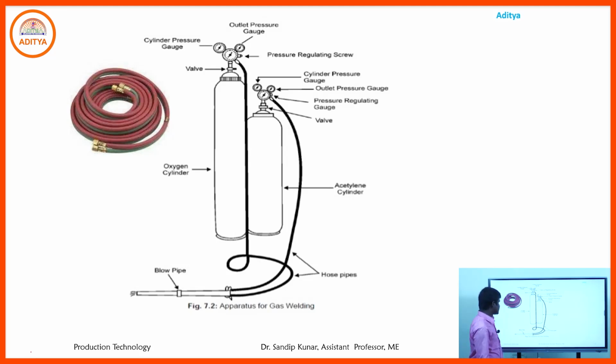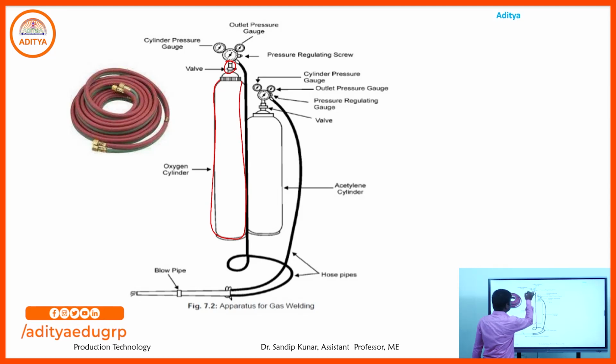Now we are coming to the discussion of the different apparatus of gas welding. That is the oxygen cylinder, and in that oxygen cylinder one valve is there, connected in that particular position.